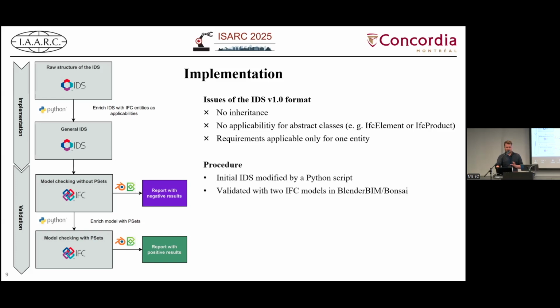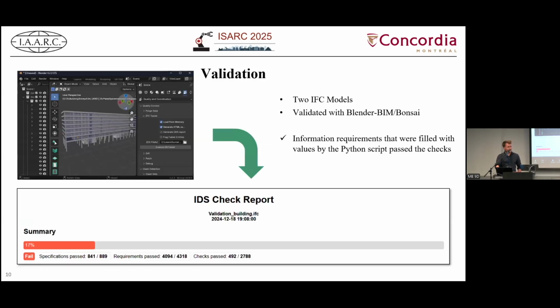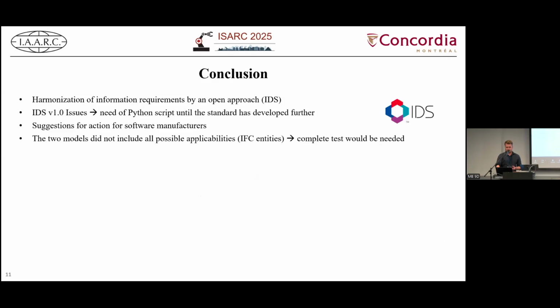So we bypassed these issues by implementing a Python script modifying the initial IDS, and we validated the whole IDS using Blender and the plugin Bonsai. As you can see here, we validated it in 2 IFC models, and the information requirements we filled in with values. They passed the checks, so the validation was successful.